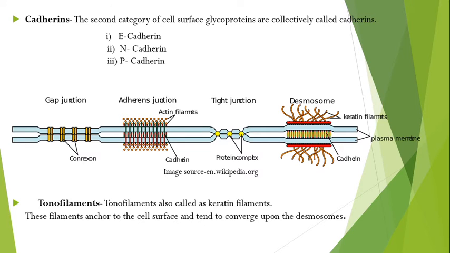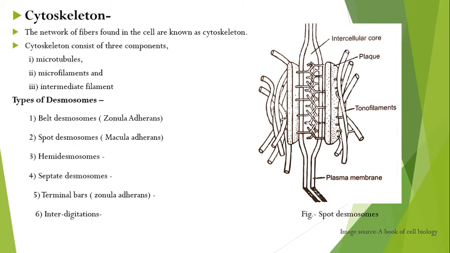Next is the cytoskeleton. The network of fibers found in the cell is known as the cytoskeleton. The fibers of the cytoskeleton extend through the cell, interconnecting with the cell membrane and cell organelles.